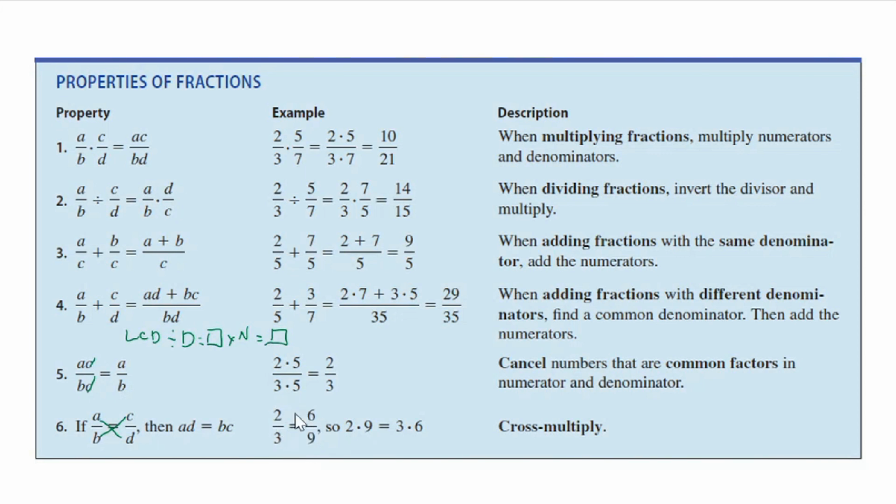So if these two sides are equal, then you are just going to cross multiply. So we have 2 times 9 is equal to 3 times 6. We will see 2 times 9 equals 18, and we also have 3 times 6 is also equals to 18. So we just cross multiply if these two statements are equal.